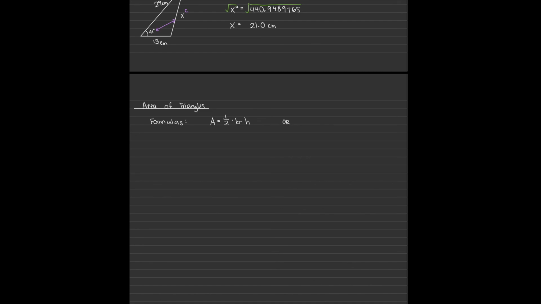There's also another formula, which is area equals 1/2 AB sine capital C. And in this case, AB sine C is basically two sides and the angle between them. So just like the law of cosines.